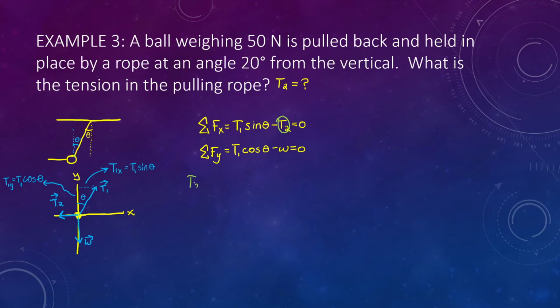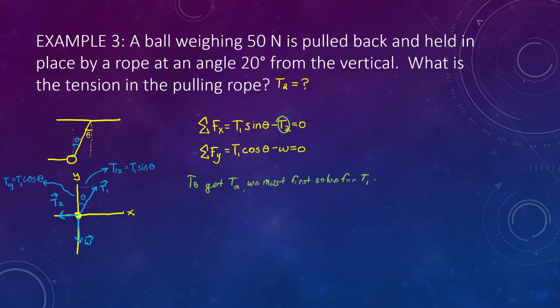So we'll just write this. To get T2, this is bad handwriting, I'm so sorry, we must first solve for T1. And T1 can be solved in the y equation.